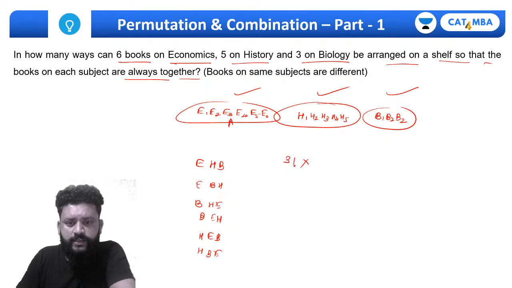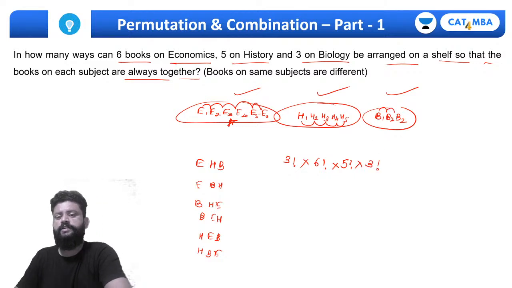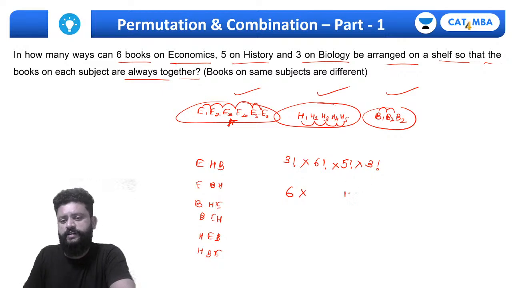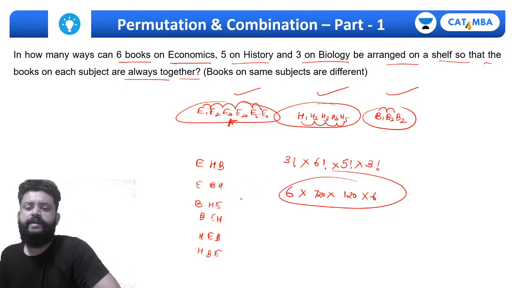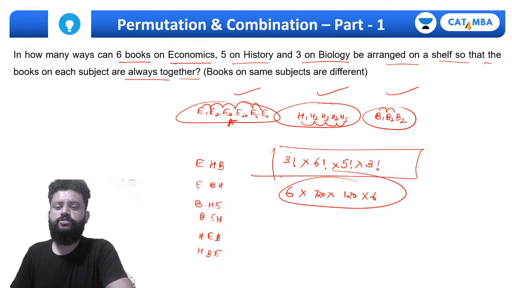After that, economics books can be arranged internally in 6 factorial. History books can be arranged internally in 5 factorial ways, and the biology books can be arranged in 3 factorial ways. So this is your answer. 3 factorial is 6, 5 factorial is 120, this is 720 into 6. You can multiply that, that's not a big deal. Okay, I'll keep it like this. The most important thing is how to do this.